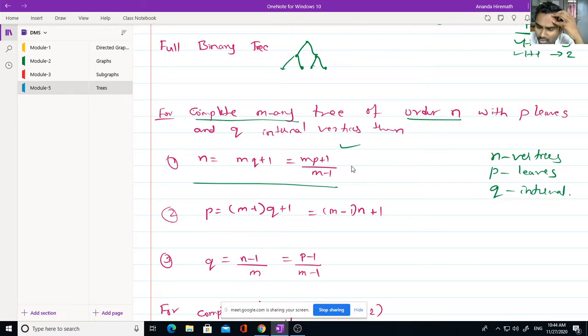They may ask you to find the number of vertices in a tree given 10 leaves and 20 internal nodes. In such a case, you will be able to find it by using this formula. Similarly, p is equal to (m minus 1) into q plus 1, or ((m minus 1) into n plus 1) divided by m. Similarly, there is a formula for q.